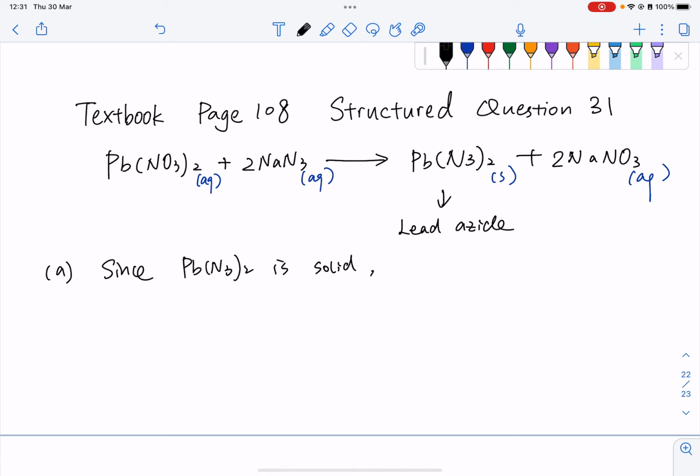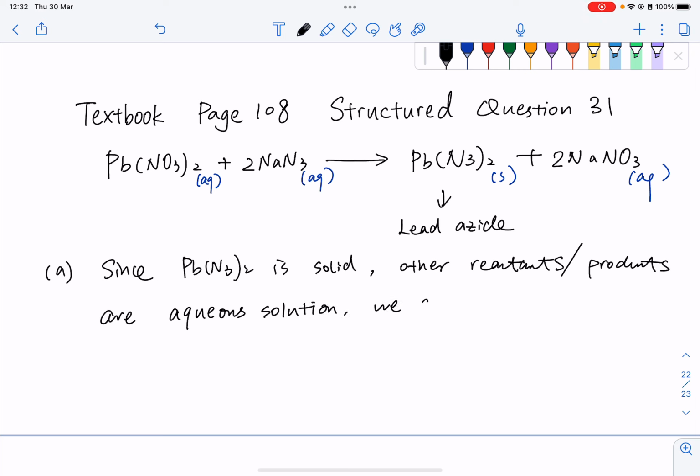This one is solid, and the other reactants or products are aqueous solution. We can separate by filtration. So, the filtration method.